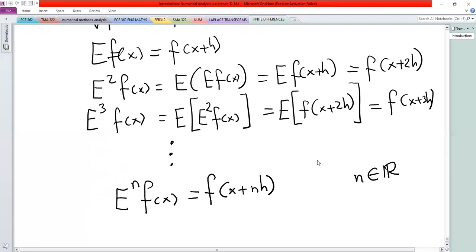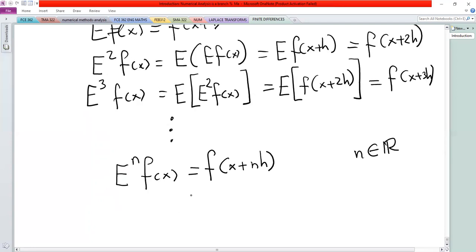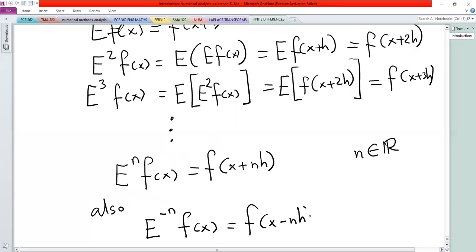So when I take n to be a negative value, then I'll have e power negative n of f of x is f of x minus nh.